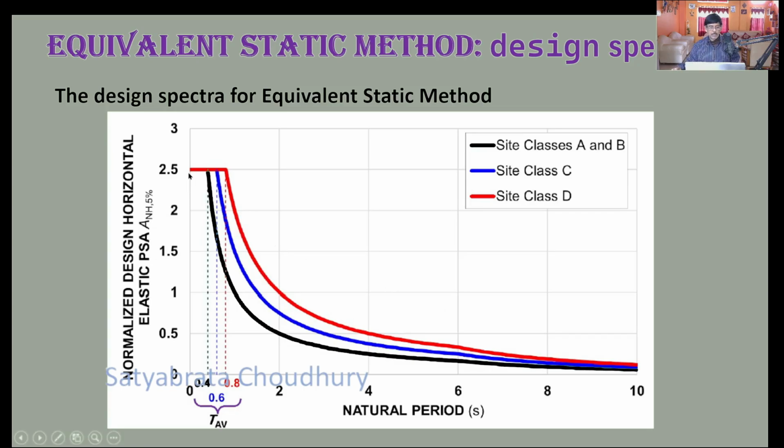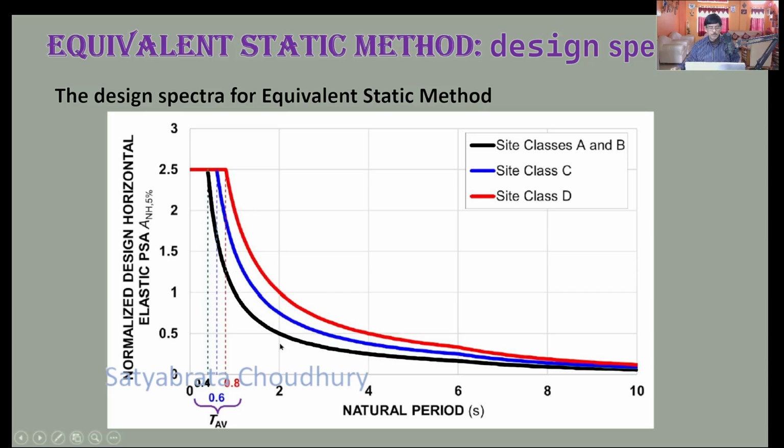The horizontal PSA value is 2.5 and then it parabolically drops down. There are three curves: for soil types A and B, one curve, then type C in the middle, and type D at the top. So harder soil gives lower response, medium soil medium response, and softer soil gives higher response due to attenuation and other conditions.